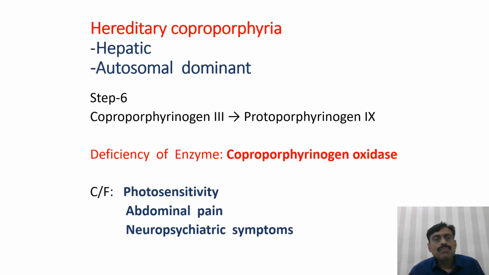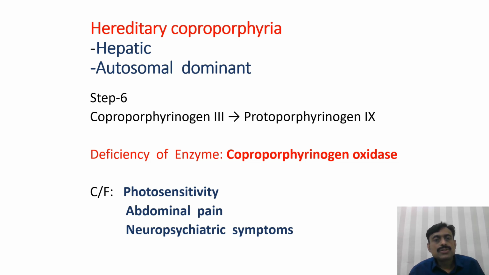Next type of porphyria is hereditary coproporphyria. What is hereditary coproporphyria? It occurs due to deficiency of the enzyme coproporphyrinogen oxidase, which is required in step 6 of heme biosynthesis. What is step 6?